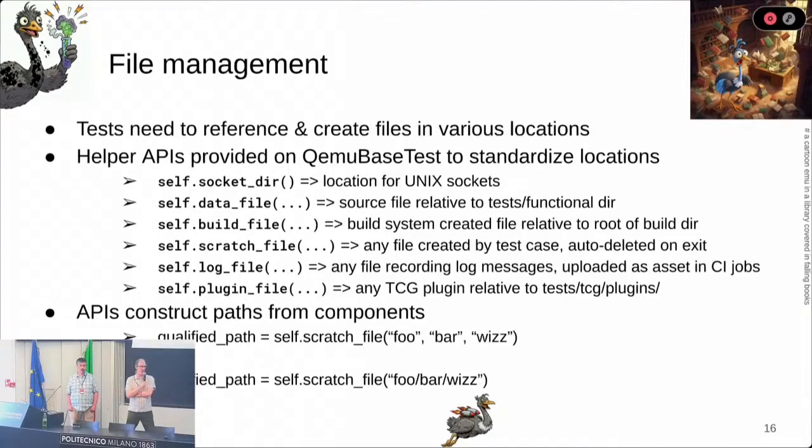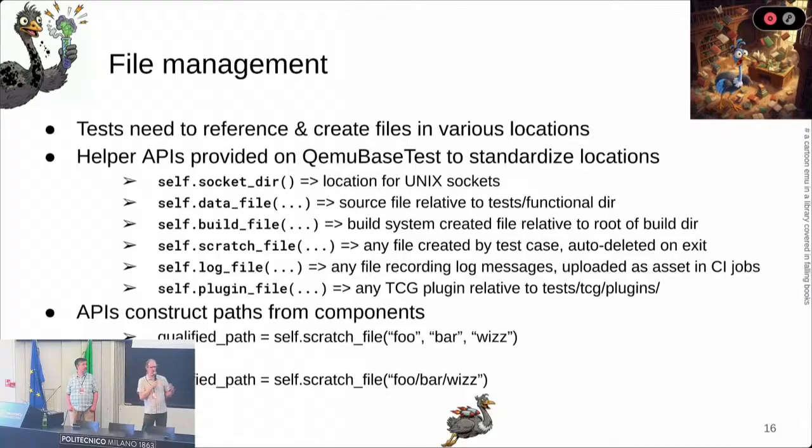Going on to file management, when you're writing tests, there's a variety of files you probably need to make use of. Some of the files can be things that are stored in the Git source tree. Others are things that we download on the fly, like the assets, or there can be files we need to create. We've got various helper methods for dealing with these files in a consistent manner. So, for example, a scratch file is something that's created in the build directory and gets automatically deleted when the test runs, so that we don't leave stale files around that could trip up subsequent runs of the test suite.